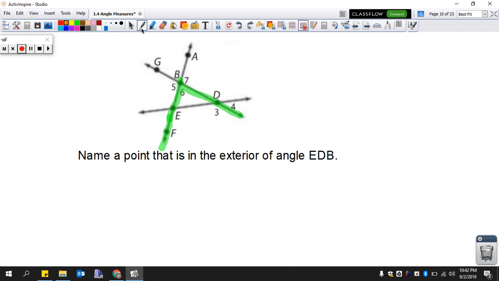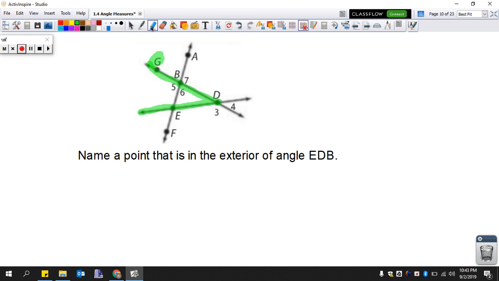I take that back. I misread that. It is not EBD. It is EDB. So that would be E to D to B. Okay, and B here extends out through G as well.